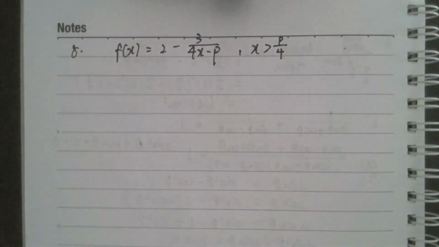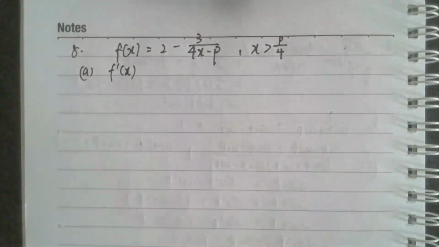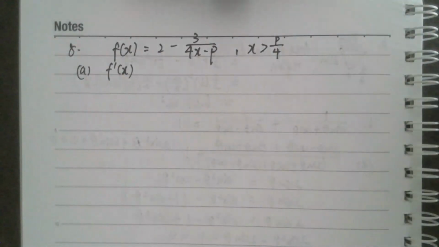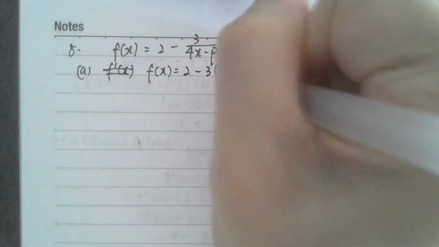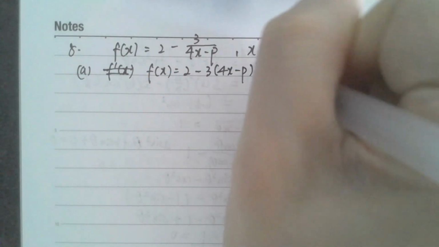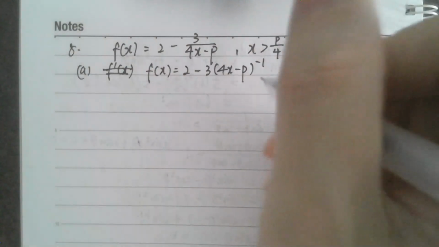Find f prime x. So f prime x, look carefully, in other words that's the differentiation of the function f(x), and hence determine whether f is increasing, decreasing, or neither. So we can differentiate this. Maybe let me just slow down how we get that. We can actually change the function to index form before we differentiate it. Once we have the index form, we can start differentiating.